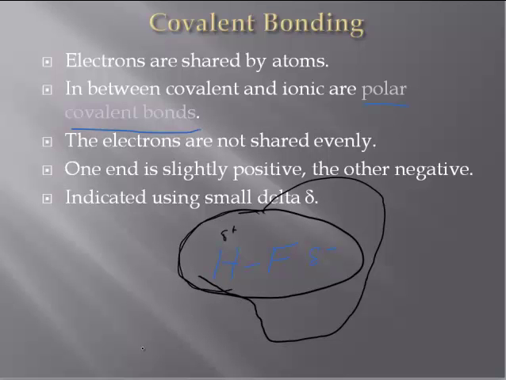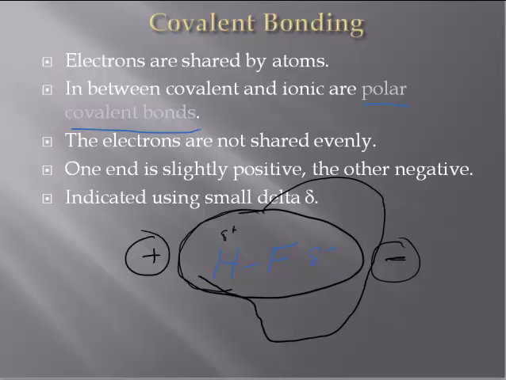But anyways, fluorine's going to get a greater share. The electrons are not shared evenly. So this side of the molecule is more negative and this side is more positive. This is not an ionic bond, and it's not simply a covalent bond. It's a polar covalent, because we have a negative pole and a positive pole.